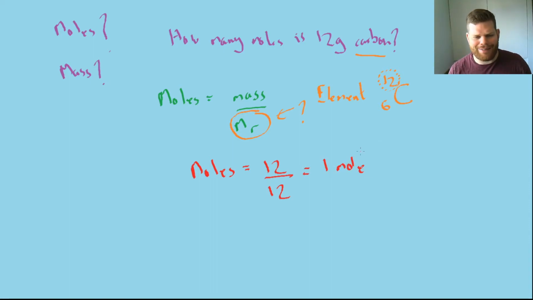Really easy example, just to go through there. So I've got my mass from the question up the top, 12 grams, and I've got my Mr from the periodic table, which is 12.